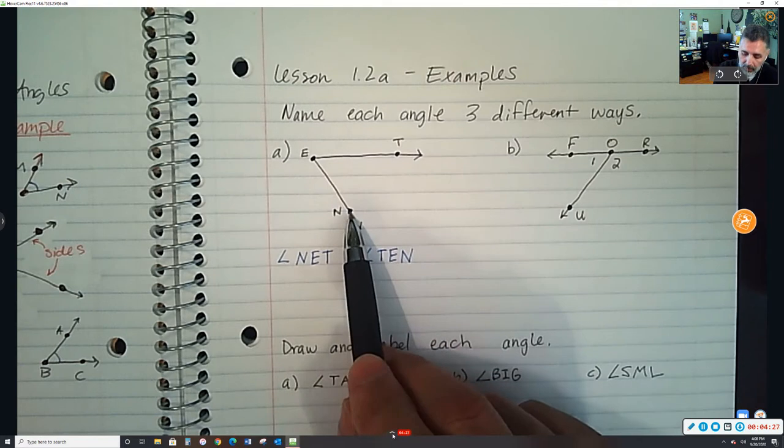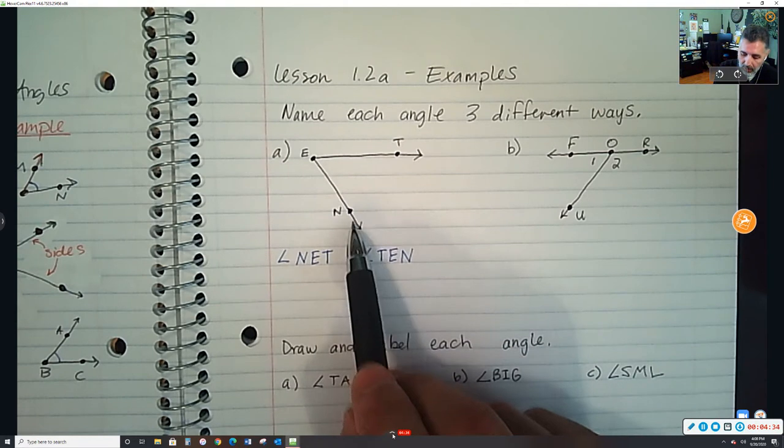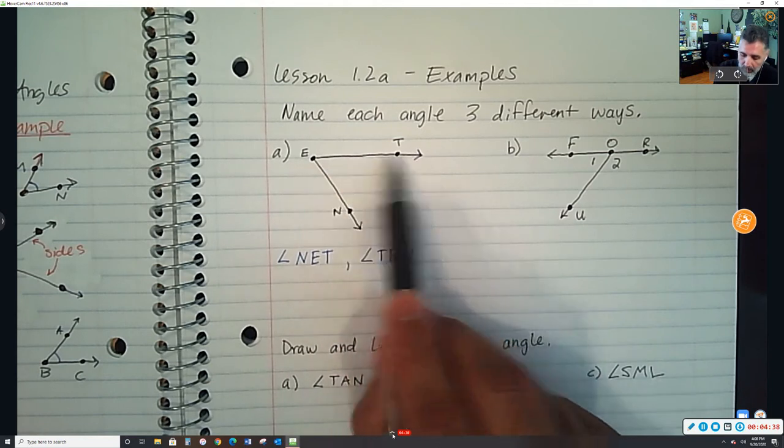Now hopefully that makes sense. You can't jump across this way. There is no line connecting N to T. You have to start at an end and then just kind of trace the angle.